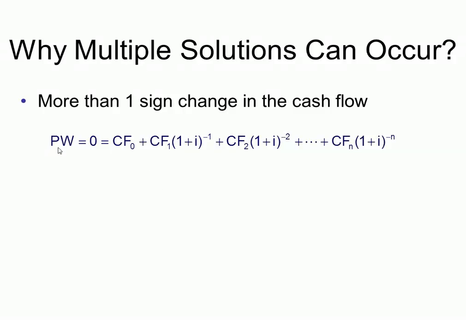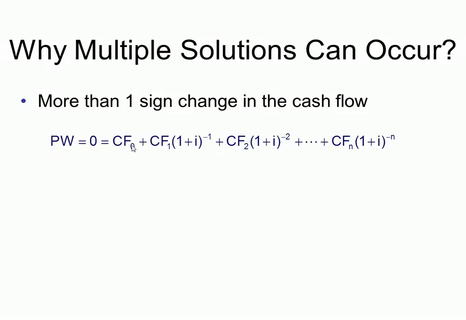Notice we would set present worth to 0, and this would be our equation. Of course, that's a very general equation for n periods with different values of cash flows denoted by CF. We use m to represent a specific year, because I already denotes the interest rate.